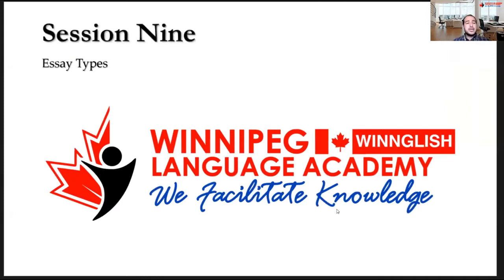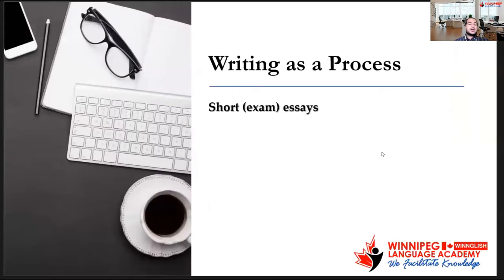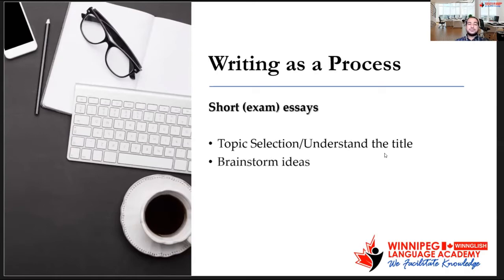Today, we're going to look at essay types. We continue essay types. Last time, we talked about writing as a process, and we were looking at writing short essays for classes for students in high school. And we said that the first step is to pick a topic that you are interested in, you know more about.